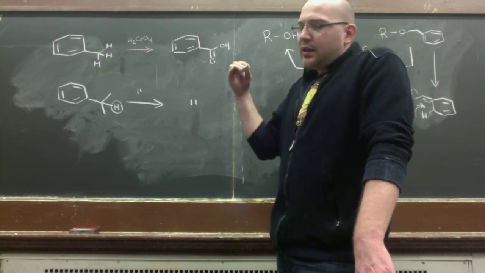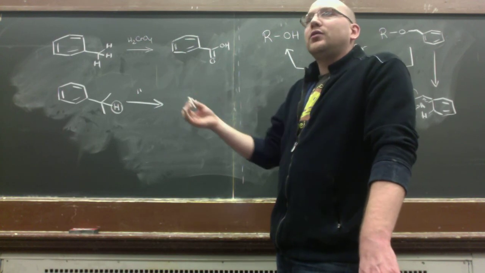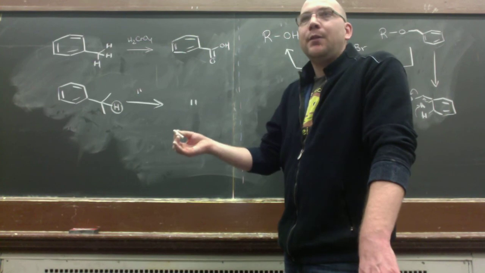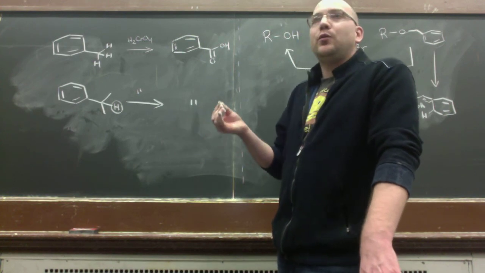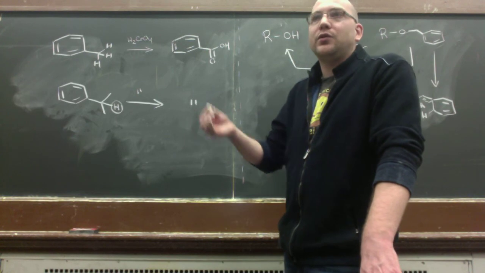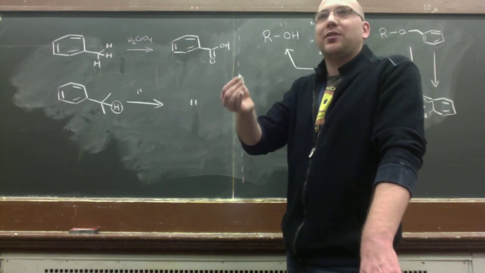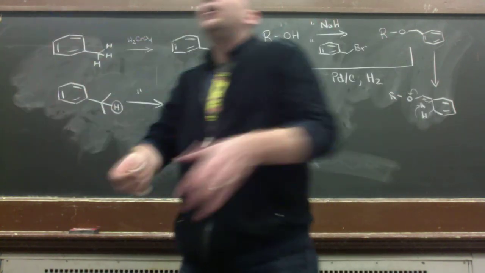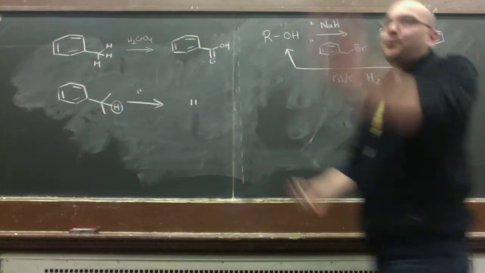And in that line, you consider radicals electronically poor, right? Because they don't have a full octet. And so in that way, when you're talking about relative stability, you compare them to carbocations, right? So you can make that same trend. So in that same way, an sp3 carbocation is more stable than an sp2 carbocation. An sp3 radical would be more stable than an sp2 radical. So that should answer that one.